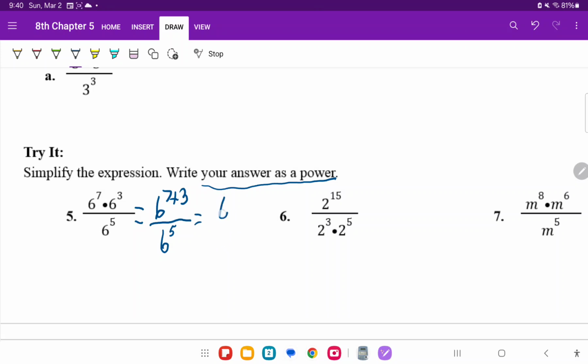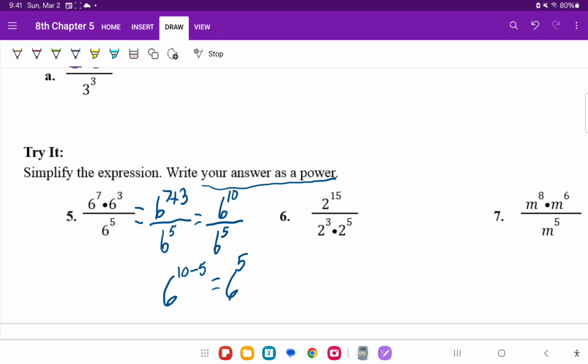So that's going to be 6 to the 10th on the top and 6 to the 5th on the bottom. So now I'm ready to do the division. So it's going to be 6 to the 10 minus 5, which is 6 to the 5th. Just like that right there.